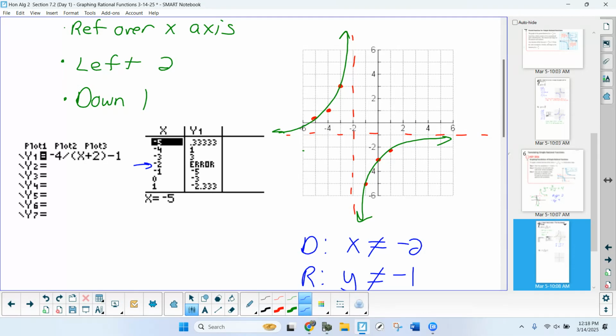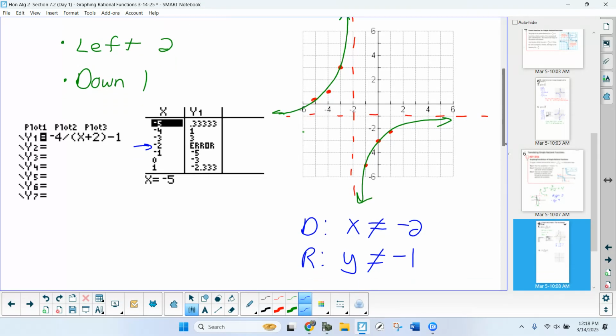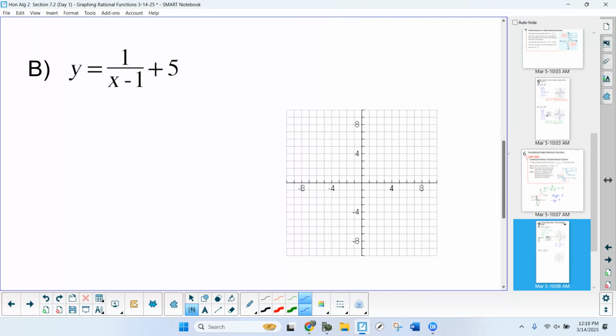All right, last one. Everybody, what's happening? It's going which way? Right 1 and up 5. So my asymptote's going right 1 and up 5.